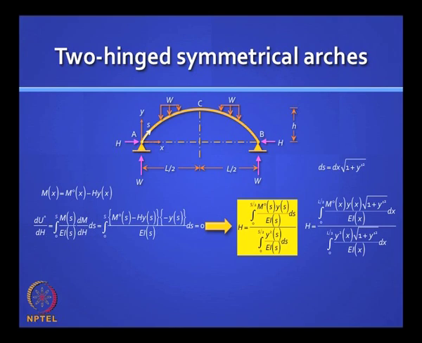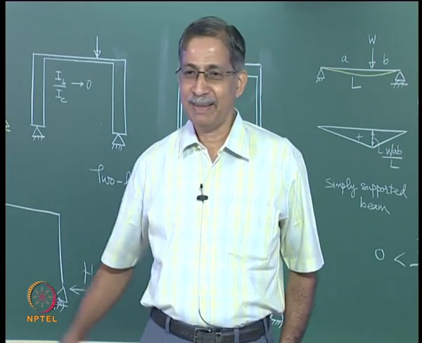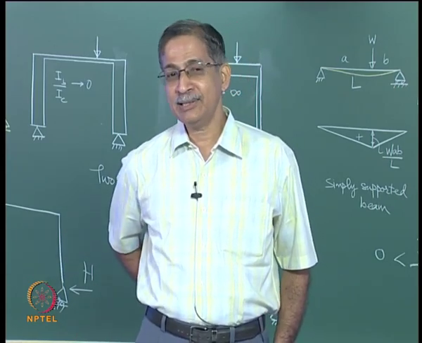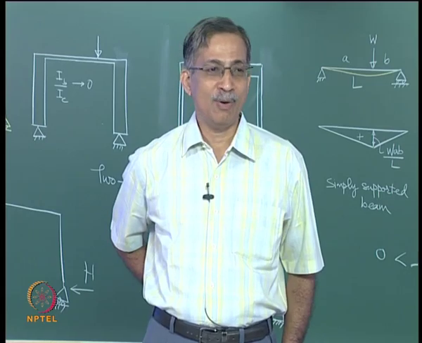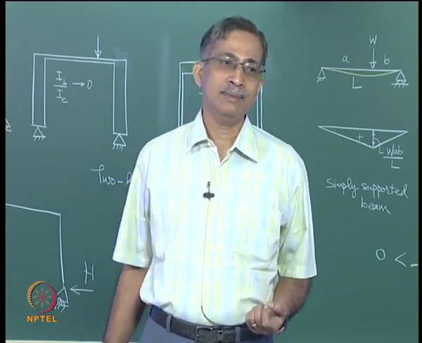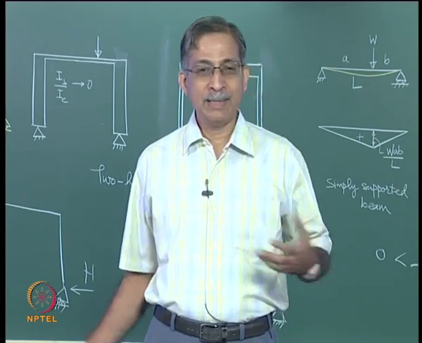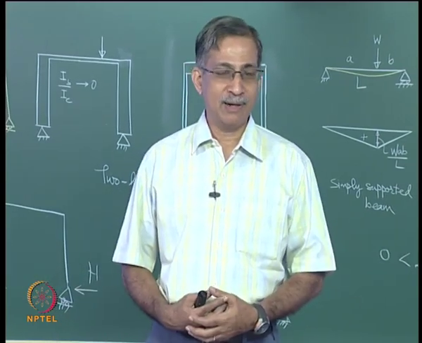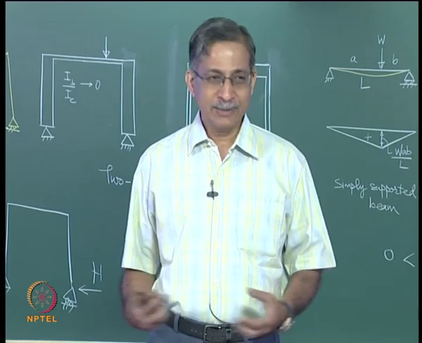Can we assume EI to take some variation along the span? Where do you think the arch should be thicker more, at the crown or at the supports? Why? Where is the actual compression more, at the crown or at the supports? At the supports.